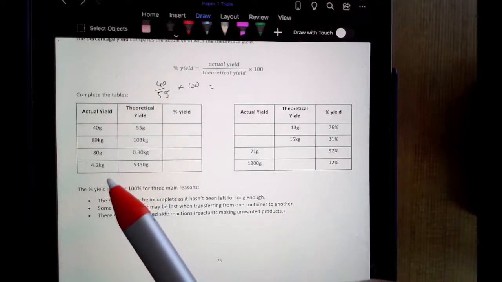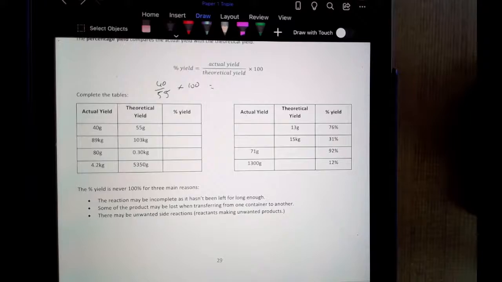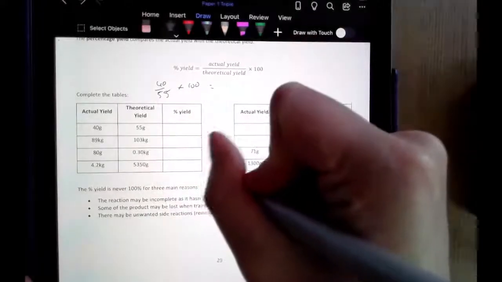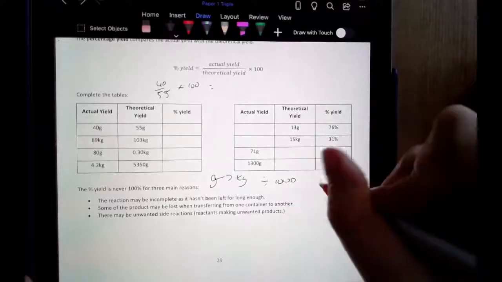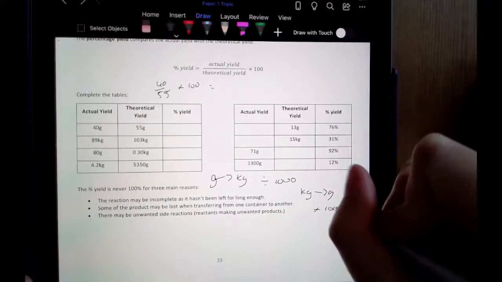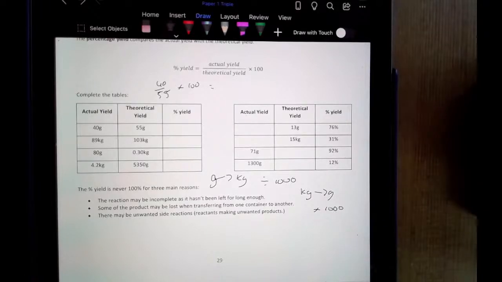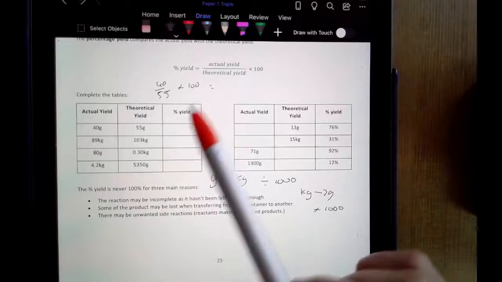As long as you're using the same unit for both, you're fine. Okay, so just to remind you, if you wanted to go from grams to kilograms, you would be dividing by 1,000. And if you wanted to go from kilograms to grams, you would be multiplying by 1,000. Just make sure they are in the same units before calculating your percentage yield.